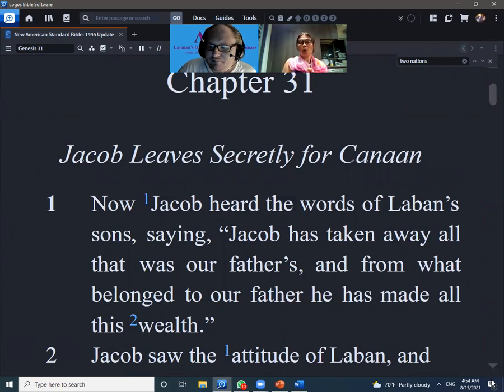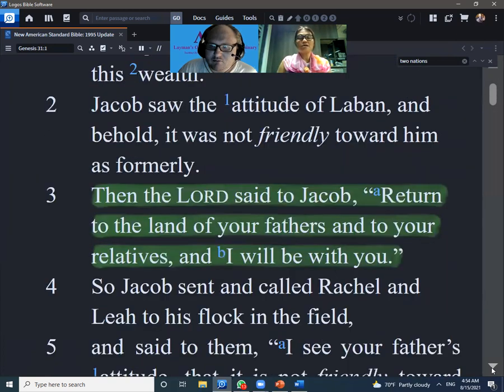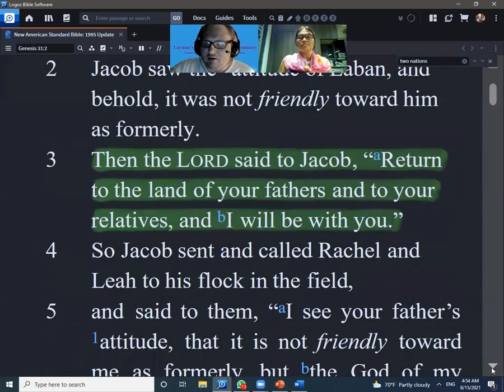you basically have where Laban has deceived Jacob, right? But before Jacob met Laban, Jacob was involved in deception as well. And Rebecca was a manipulator as well.